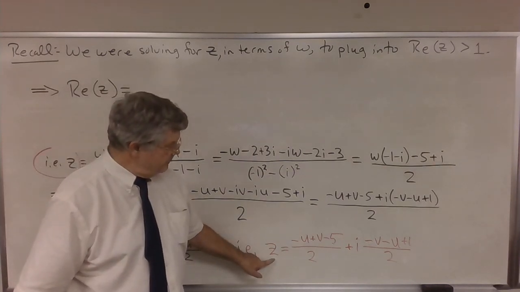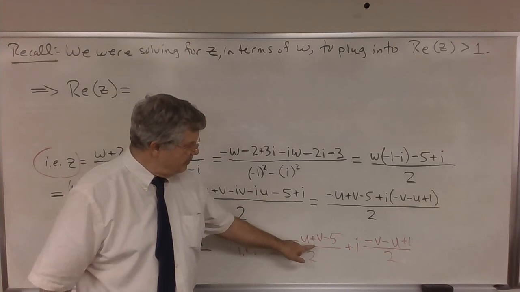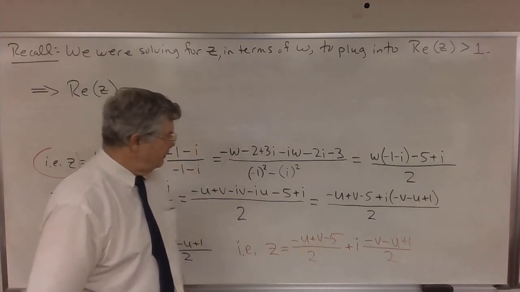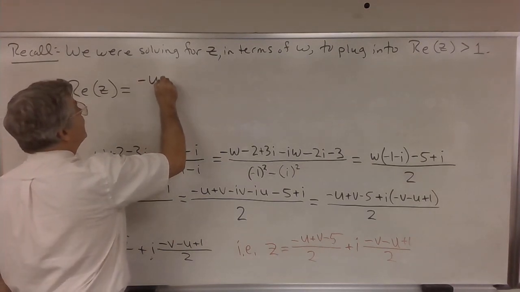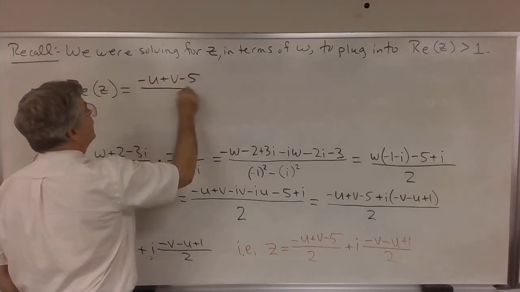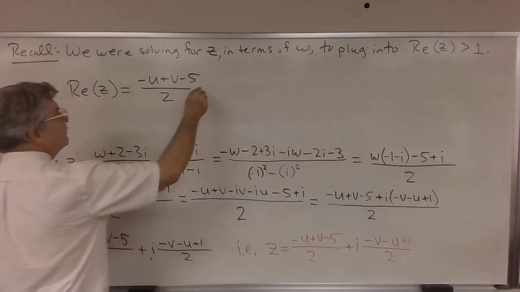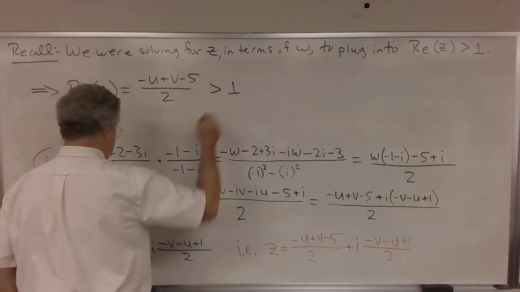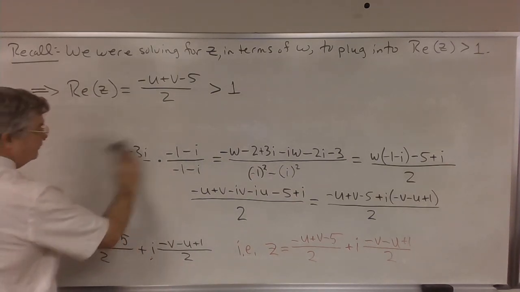Here's z, and here's the real part. Negative u plus v minus 5 over 2. And this is supposed to be greater than 1. Now, what does that tell us?